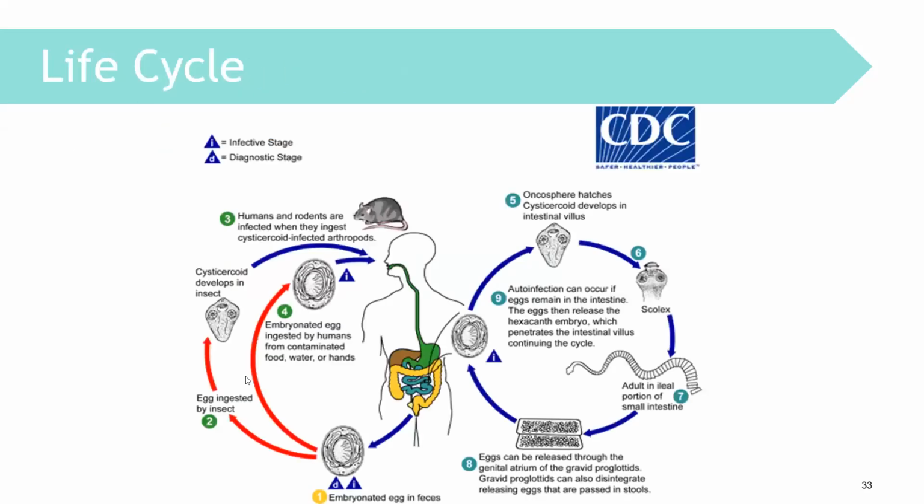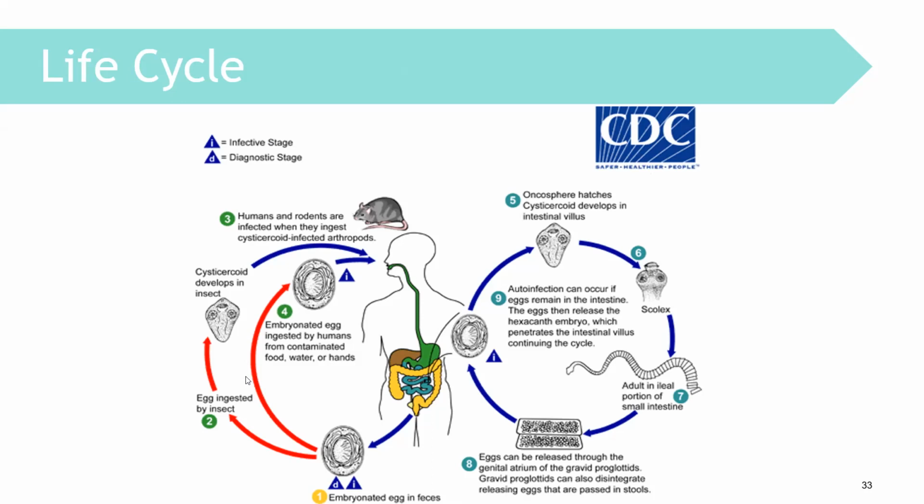The life cycle is almost similar to the life cycle of diminuta. However, it only differs in that Hymenolepis nana may or may not require insects as intermediate host.